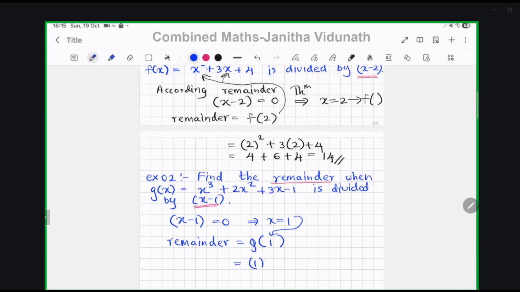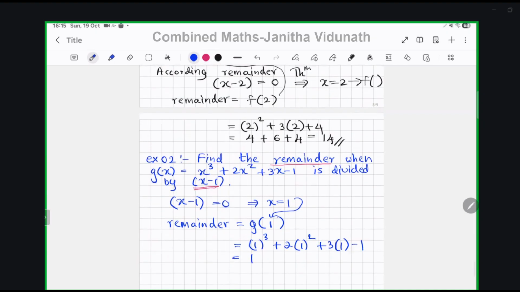That means 1 cube plus 2 times 1 square plus 3 times 1 minus 1, which is 1 plus 2 plus 3 minus 1. This 1 and this minus 1 cancel out, and 2 plus 3 is 5. That means the remainder is 5.